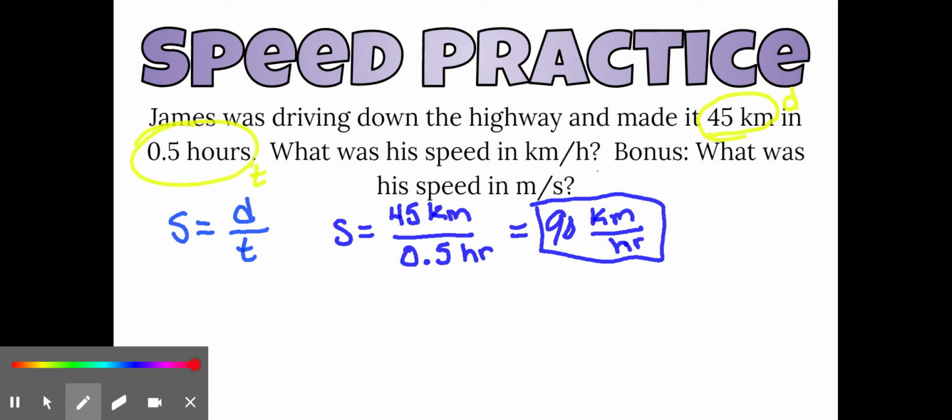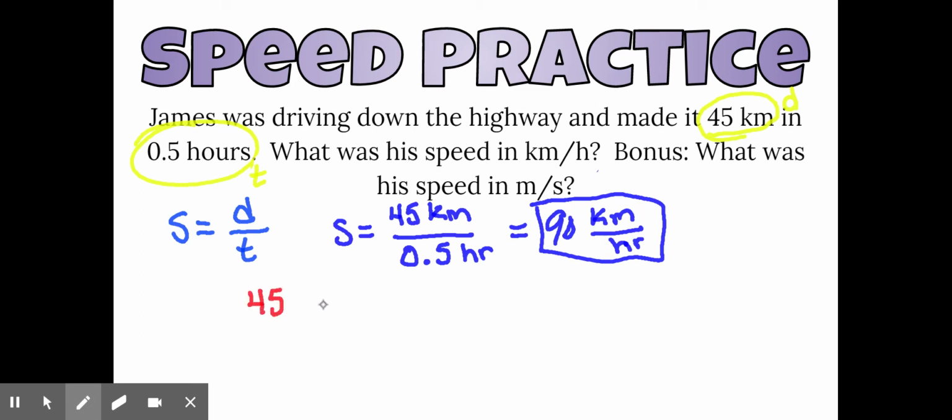To do that, we need to convert 45 kilometers into meters. We know that kilometers are bigger, so our number is going to get bigger as we go to meters. And we know that kilometers are 3 spaces down in our metric system, or that there's 1,000 meters in every kilometer.